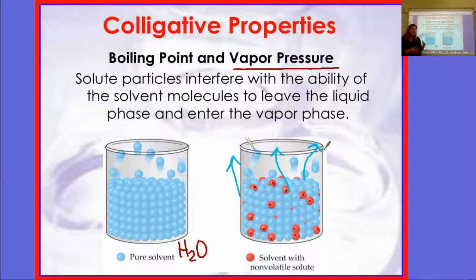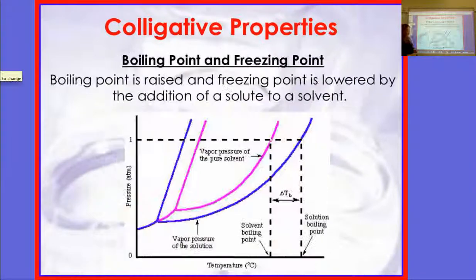So it interferes with the ability of the solvent to change from the liquid to the gas phase. So it changes the vapor pressure, it increases the vapor pressure, and it increases the boiling point as well. You have to heat it up to a hotter temperature in order to get those particles moving fast enough so that they can escape from the liquid to the gas phase.